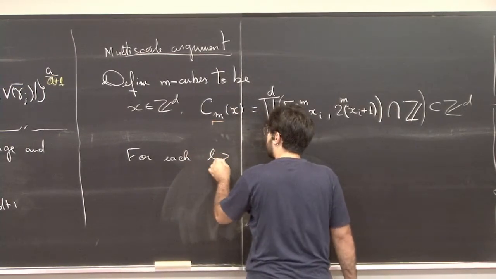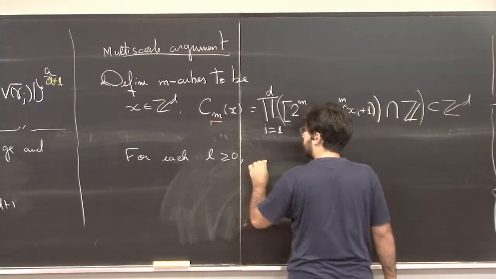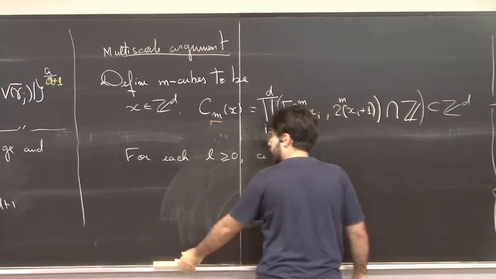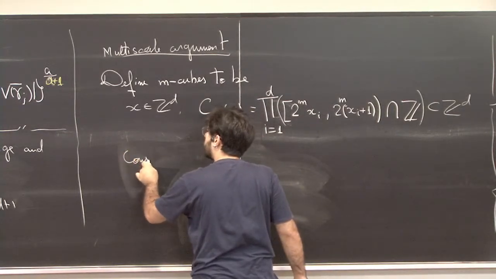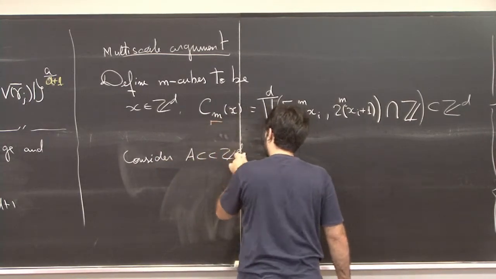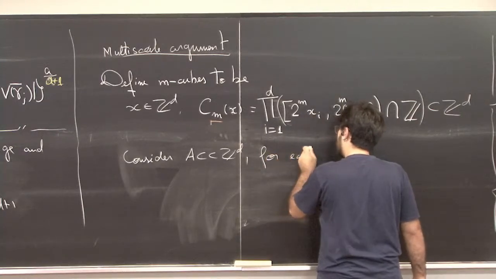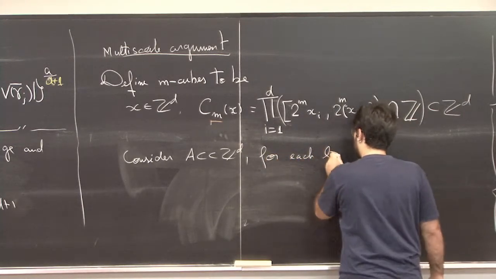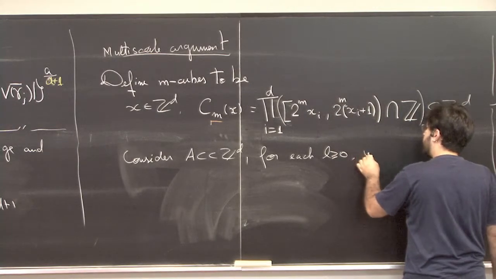Consider a finite subset of Z^d, and then for each L positive, we will define a graph.